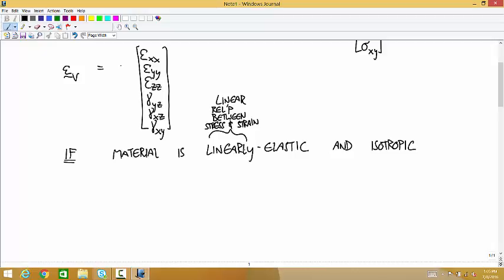So it's not the fact that it can deform, it's the fact that when you remove the loads, it instantly is back to the shape it was in. That's what elastic is. Could you say it has a memory? Yes. So it returns to its original shape when the load is removed.